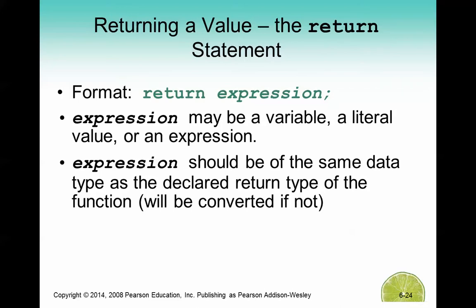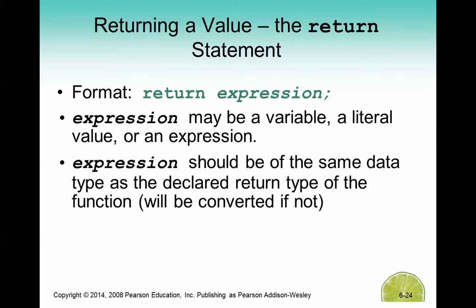The way that we're going to write it is just return and then the expression. The expression can be a variable, the expression can be a constant, which is a literal, or it can be even an expression. I can have like A plus B plus C. I can also send that back. Okay, it should be the same data type as the declared return type.